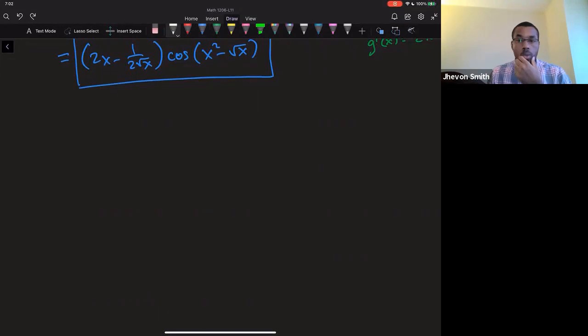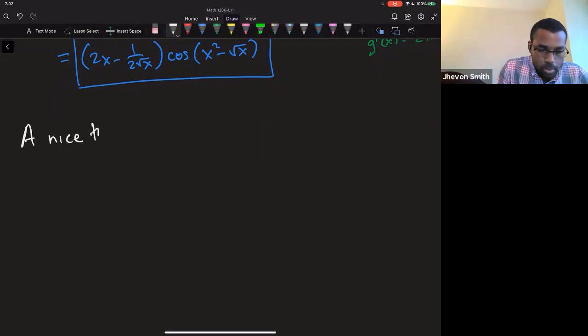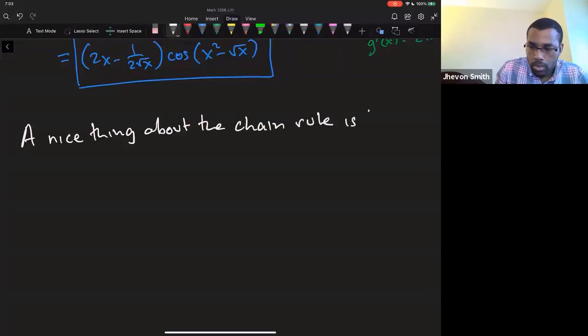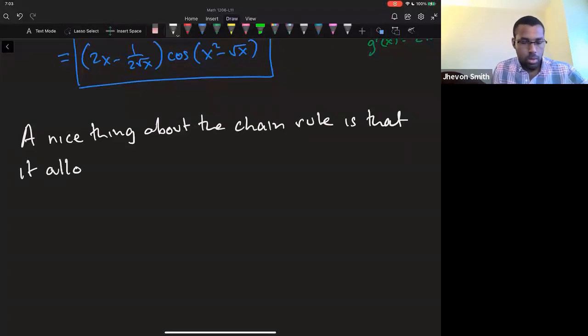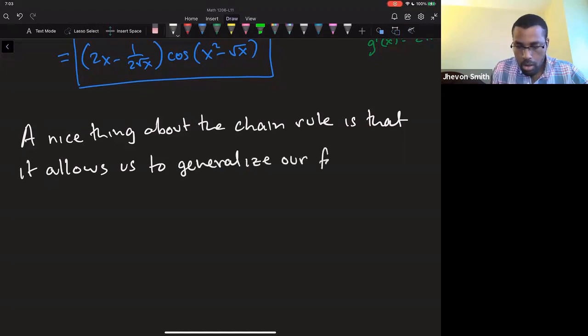So one thing I want you to notice is that the chain rule, one nice effect that we have from knowing the chain rule is that it also allows us to generalize our formulas very nicely.